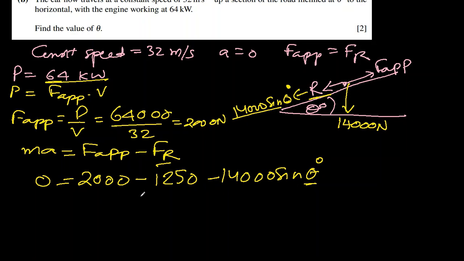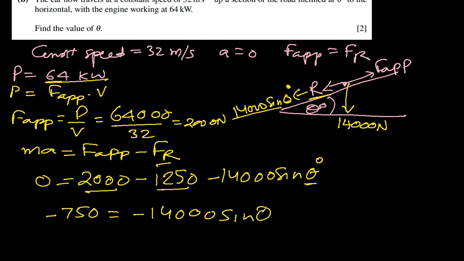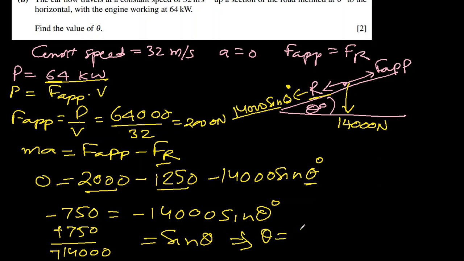So theta is the only unknown factor here. So this becomes how much? 750. Let's bring it to the other side. It will become minus 750 equals minus 14,000 sine theta. So sine theta equals minus 750 over minus 14,000. Those cancel out. So that gives us theta equals sine inverse of 750 divided by 14,000.